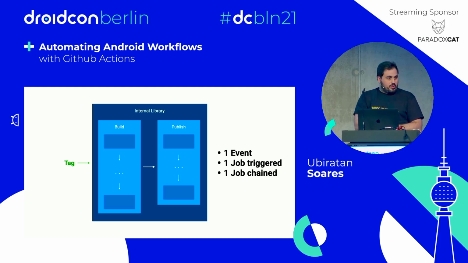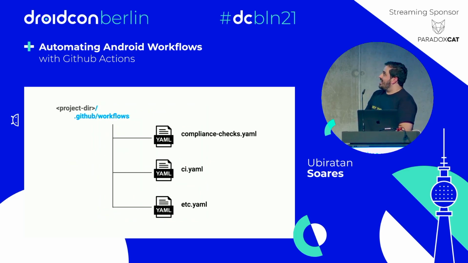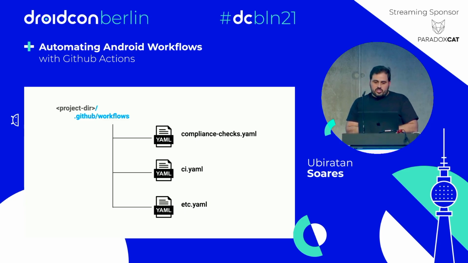OK, so we managed to learn 2 out of 5 concepts already, workflow and trigger events. So let's talk a bit more about jobs. But before that, workflows in GitHub Actions are defined by configuration files, defined in the YAML language.